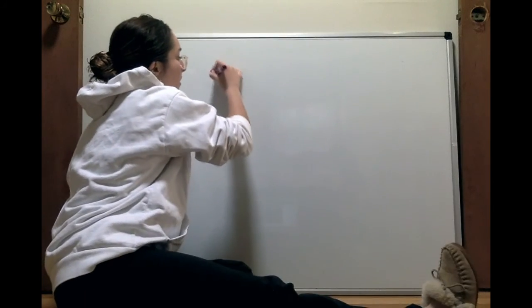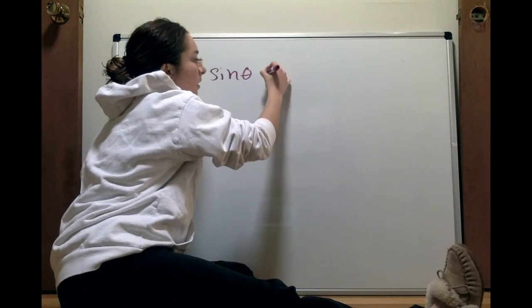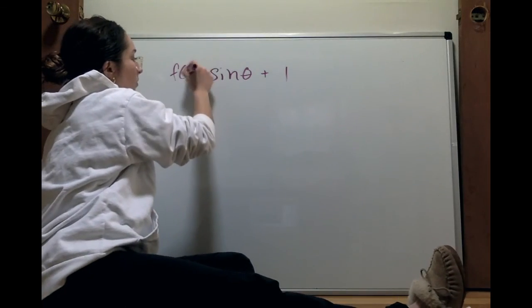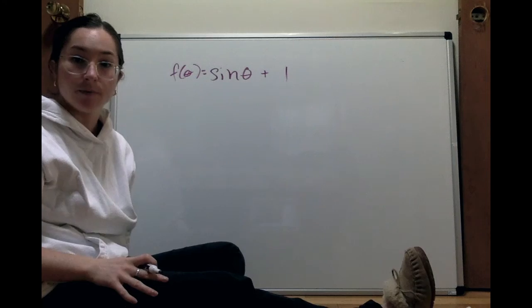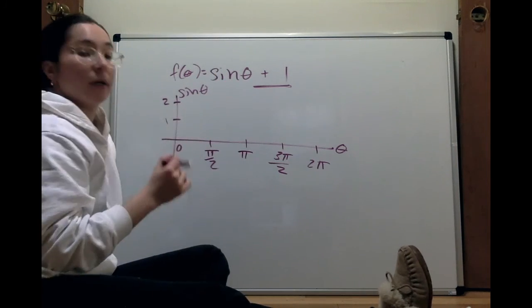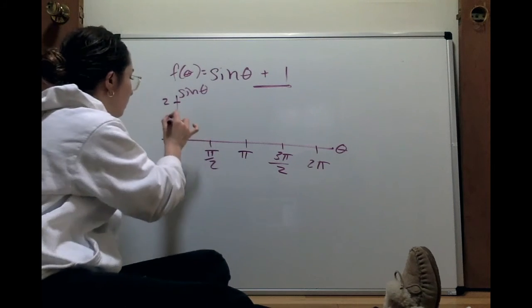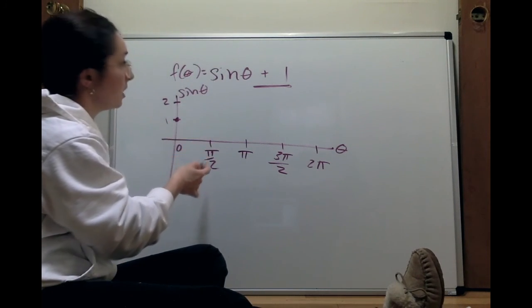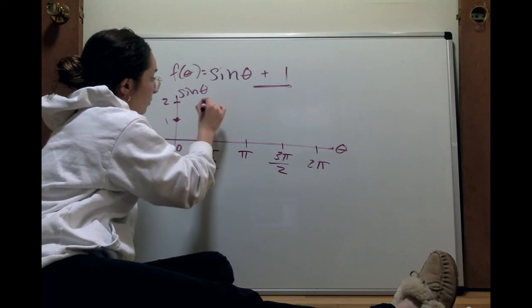Well, let's say we just had sine of theta plus 1, for example. Right? So sine of 0, plug 0 in here, is 0, plus 1 is 1. Sine of pi over 2 is 1, plus 1 is 2.